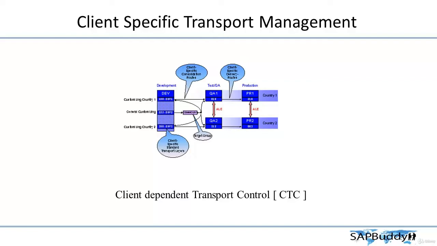Even if, let's say, you import the same TR twice, assume the targets are two different clients. When you are sending a customizing request, you want to import your customizing changes to client 1 as well as to one more client here, let's assume 020. But for the development changes, you do not need to do that. You need to import to one specific client.